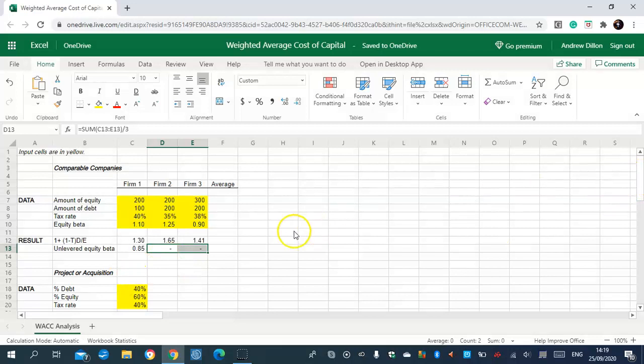Okay, so that's the results finalised for the first half of the weighted average cost of capital.